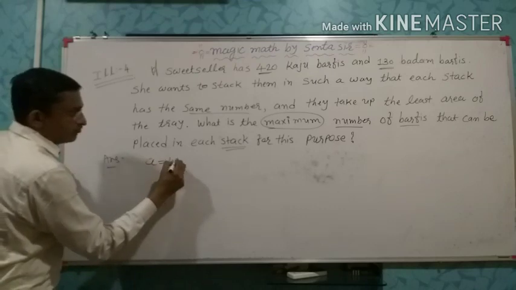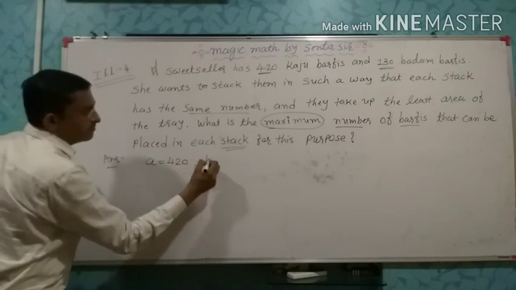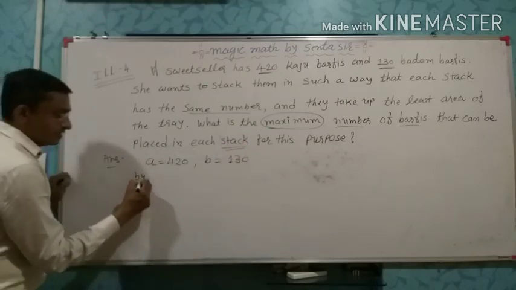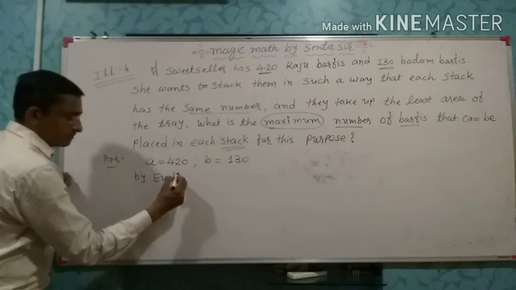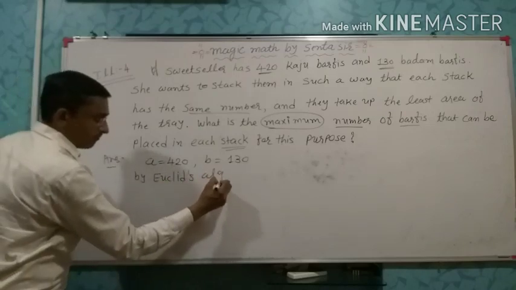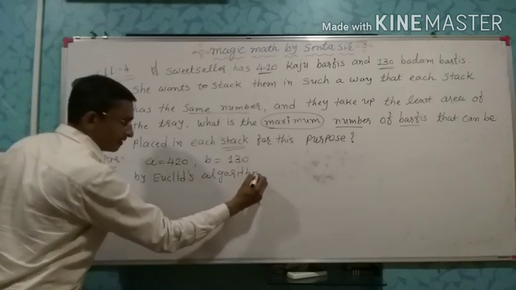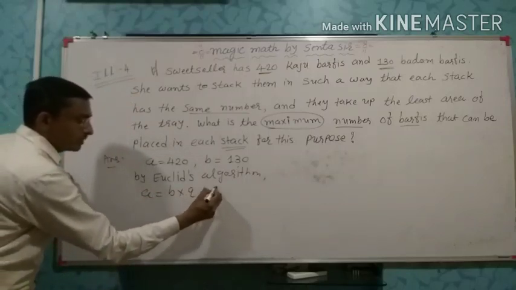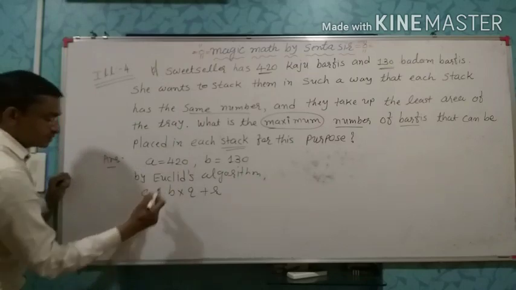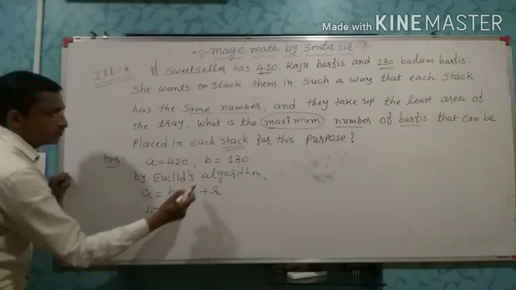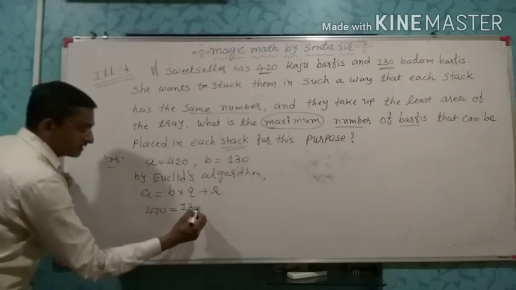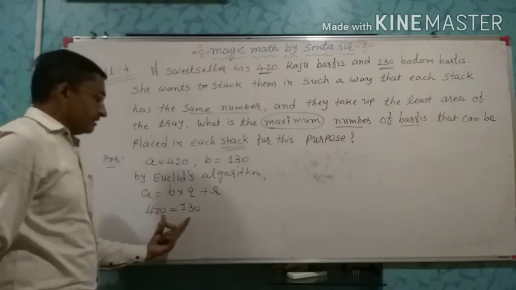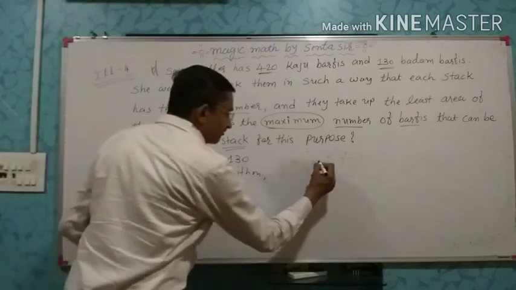A is equal to 420 and B is equal to 130. By Euclid's algorithm, A is equal to B into Q plus R. A means 420 is equal to B means 130. We divide both numbers and get quotient and remainder.